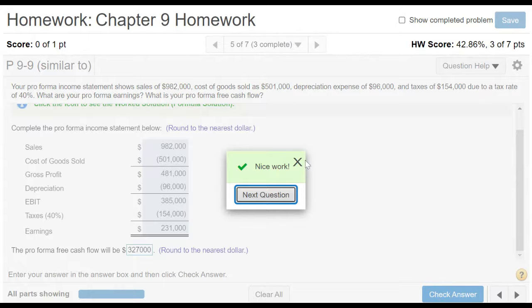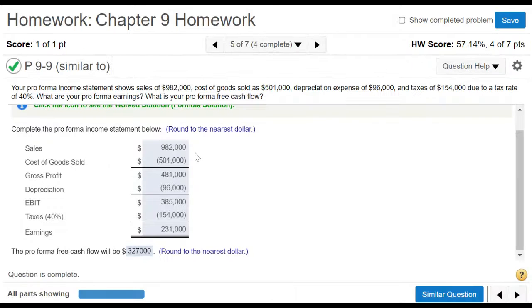Right? Don't get cute. We know that cost of goods sold is negative. We know depreciation is negative. We know if we made money, we're going to pay taxes. That's going to be a deduction, and that's going to be 231. However, this right here is to lower our taxes.